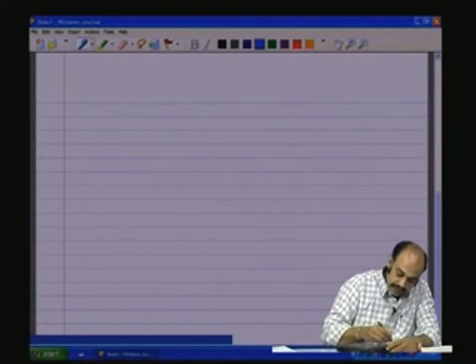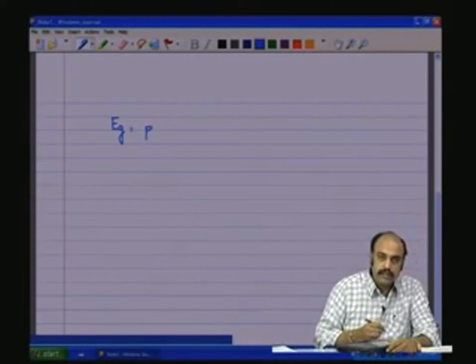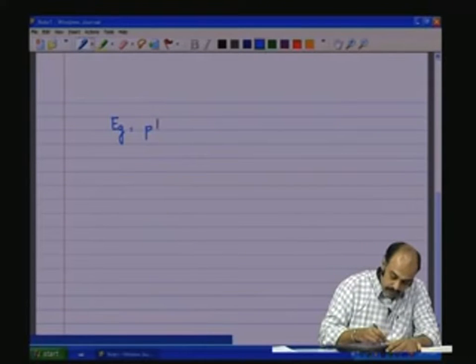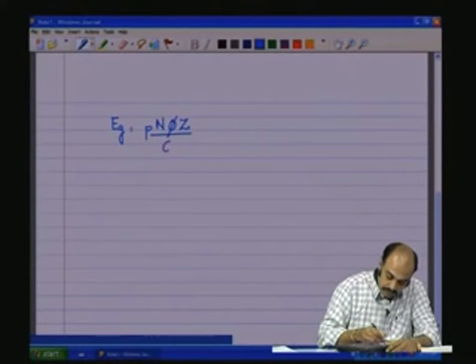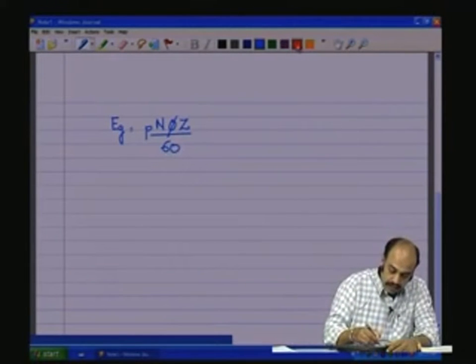for the generated E.M.F, e.g., is P N phi Z by 60, where P is the number of pole pairs. All the others mean the same quantities as we had described earlier.